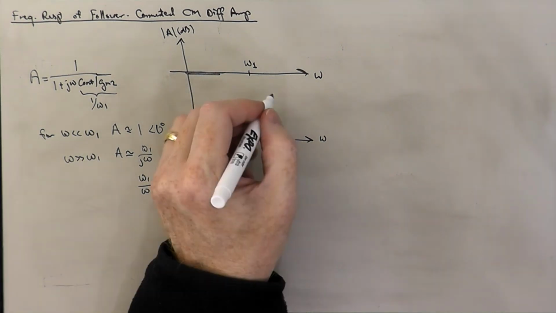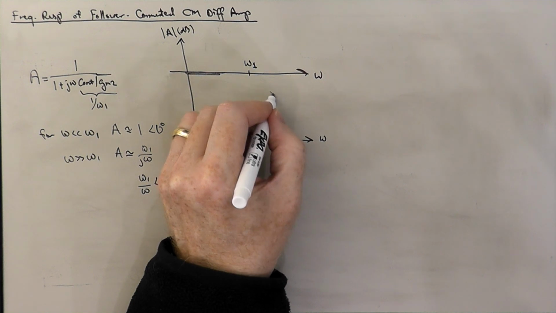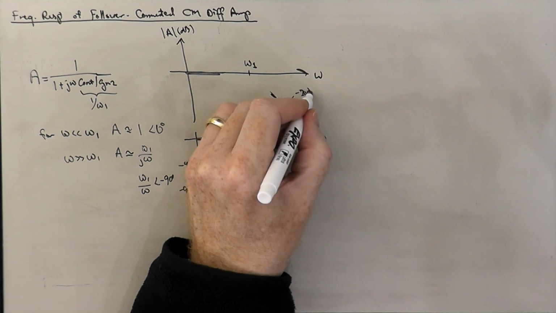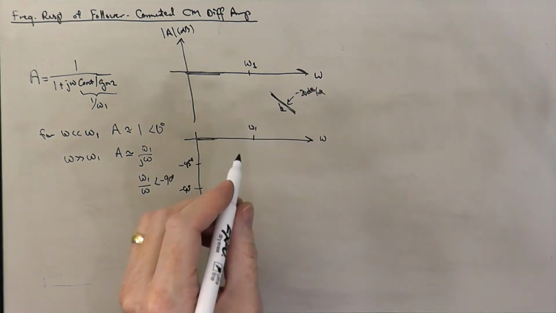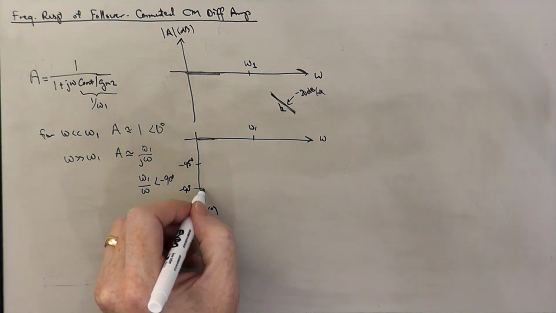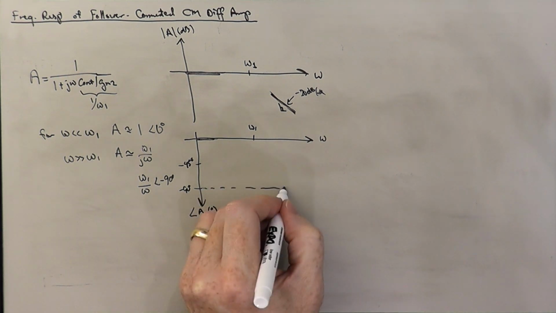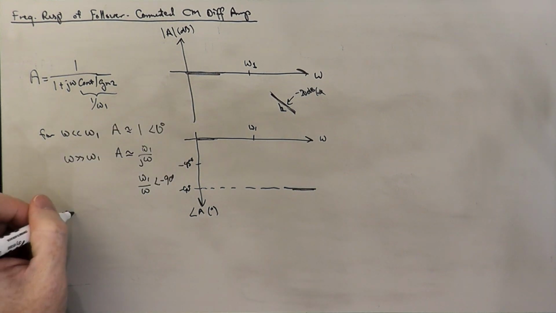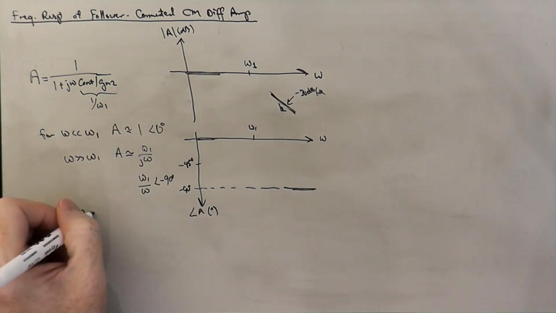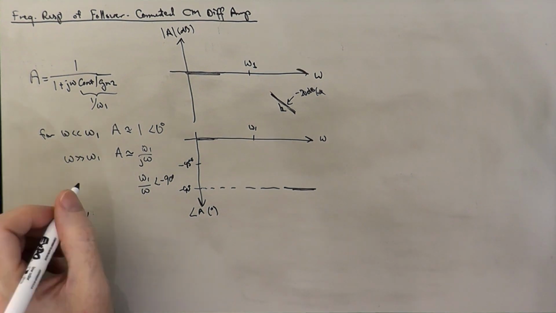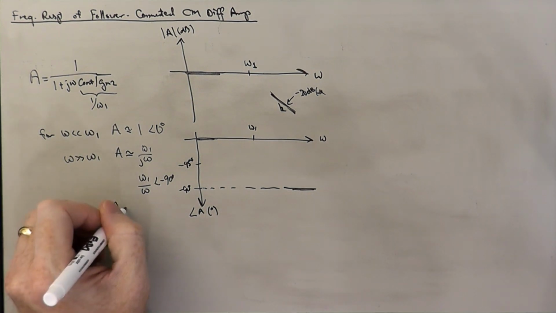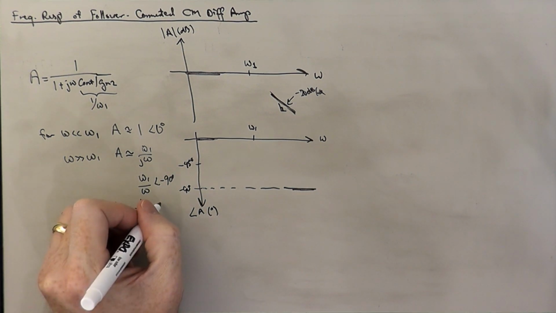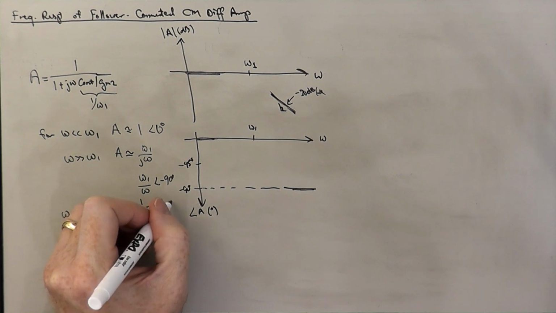And so we're going to have a roll off here of minus 20 dB per decade. And the phase is going to be approaching minus 90. And at the corner for omega equals omega 1, we got A is equal to 1 over 1 plus j, which is equal to 1 over root 2, angle minus 45.